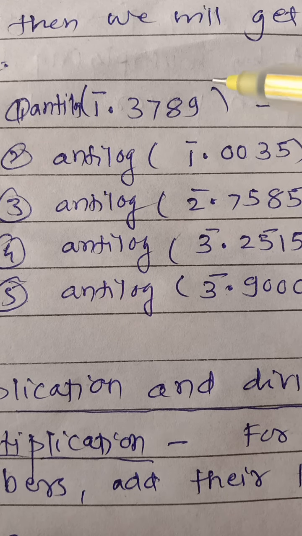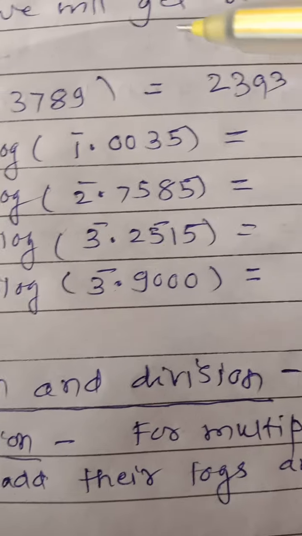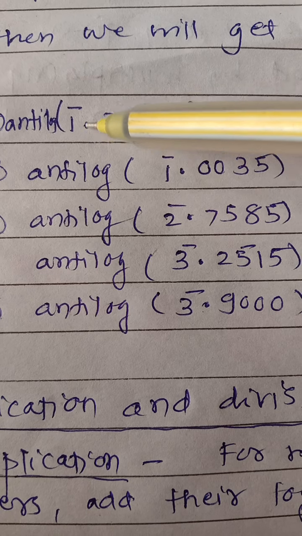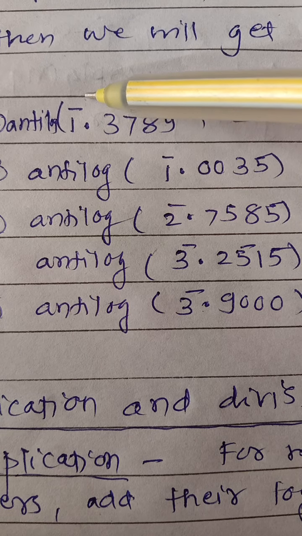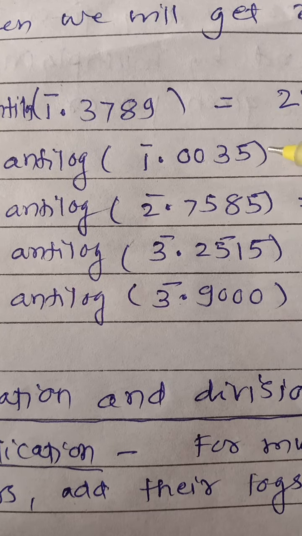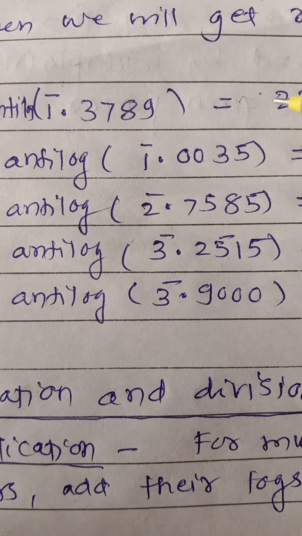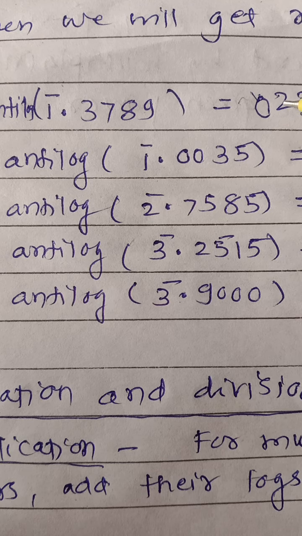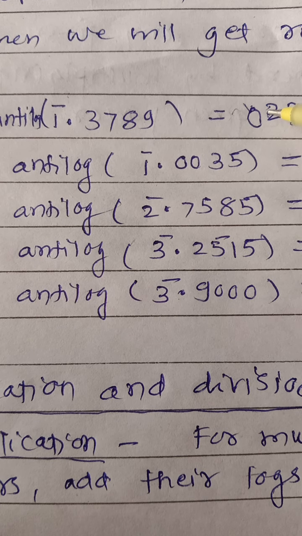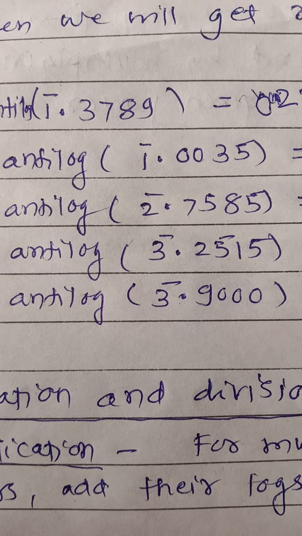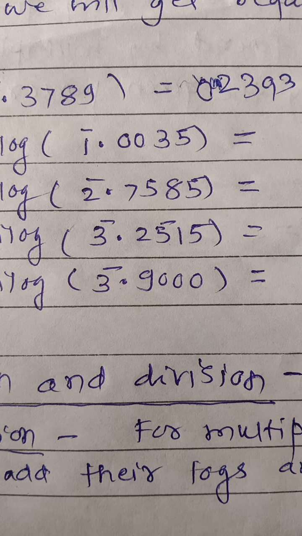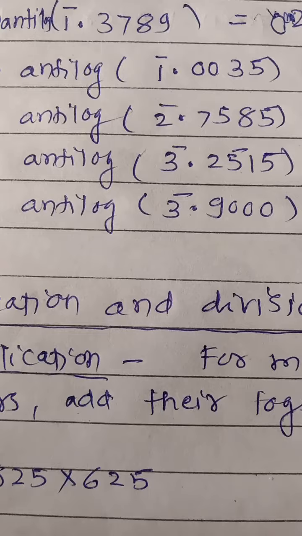Now in this case, our characteristic is bar 1, and therefore the number of zeros will be only 1 zero placed here, and then leaving 1 zero we can put the decimal point, that is 0.2393. That will be the answer.